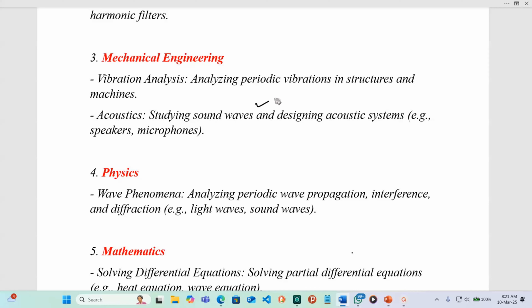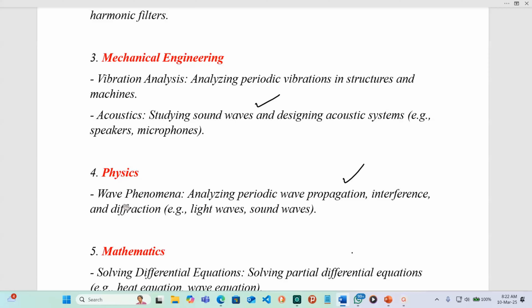Acoustics, studying sound waves and designing acoustic systems, such as in the design of speakers and microphones, and analyzing those acoustics. Then we are using the mathematics behind it, and that is the Fourier series. Then wave phenomena, we are looking at analyzing periodic wave propagation, interference, and diffraction.